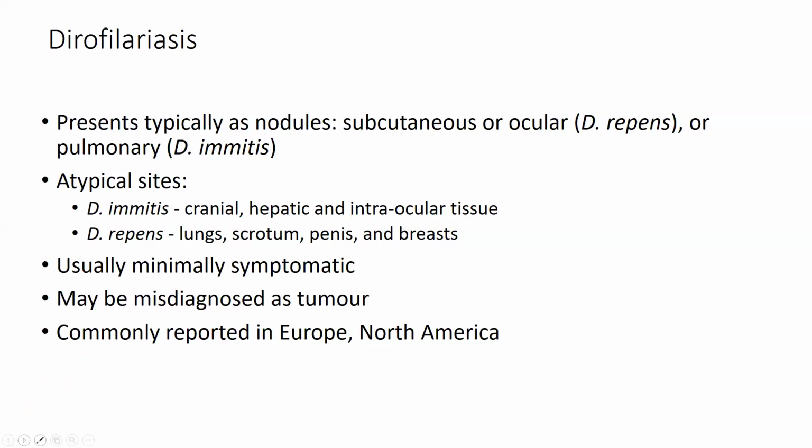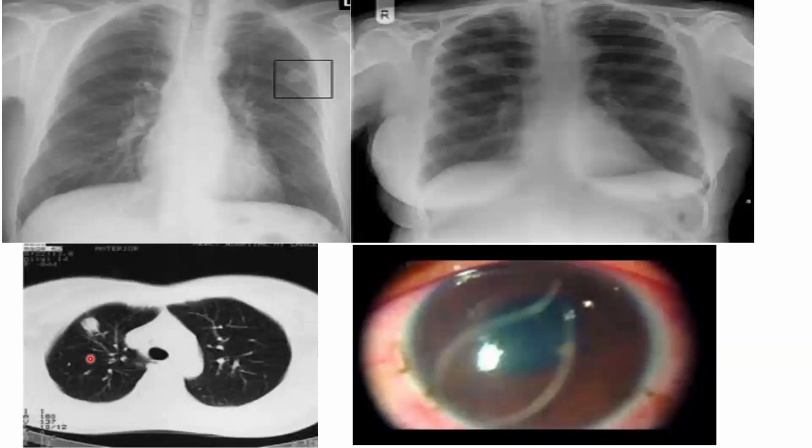And that's their real importance because these humans are dead-end hosts. The parasite can't reproduce. And in the lungs, Dirofilaria immitis, dead calcified ones or inflamed nodules can look like secondary tumors in the lungs, and that's what they're commonly initially mistaken for.